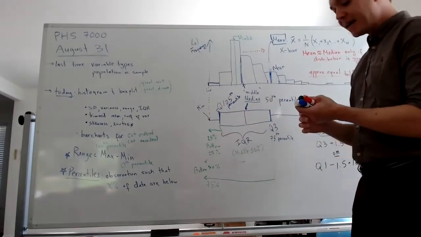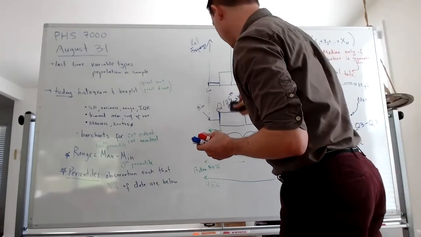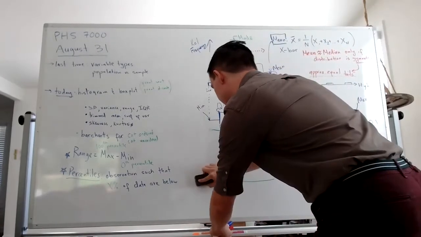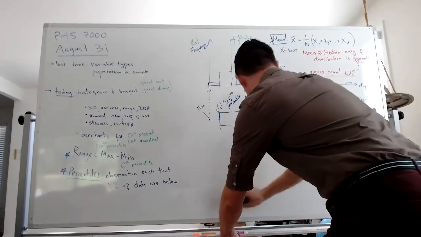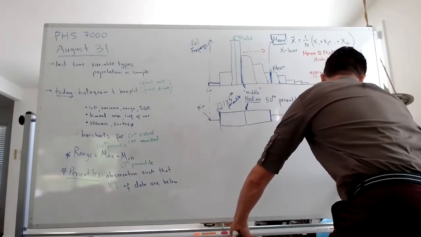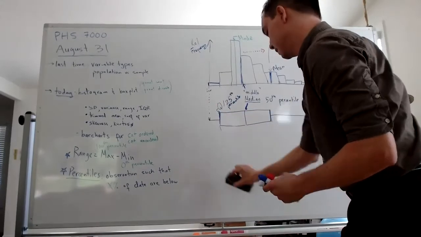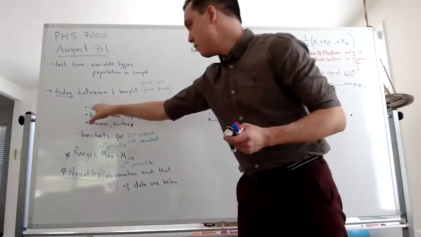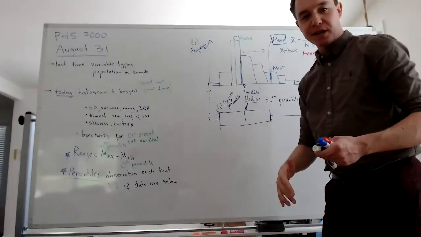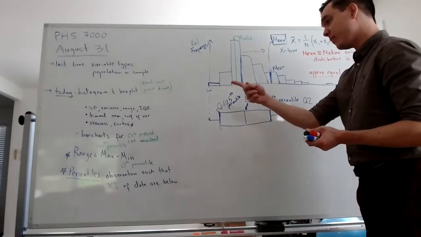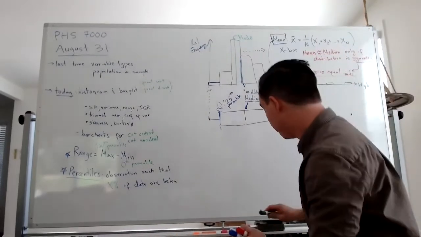All right. The next line, oh, I'm going to clear this off. The next line are measures of spread of the data or measures of variability. So the standard deviation, I will put the formula here.